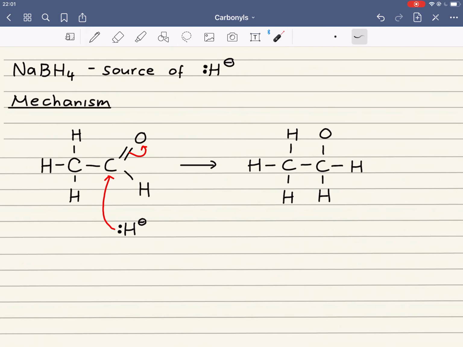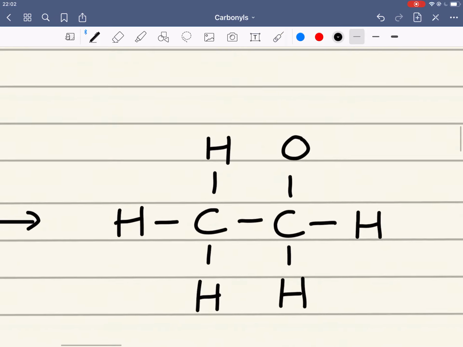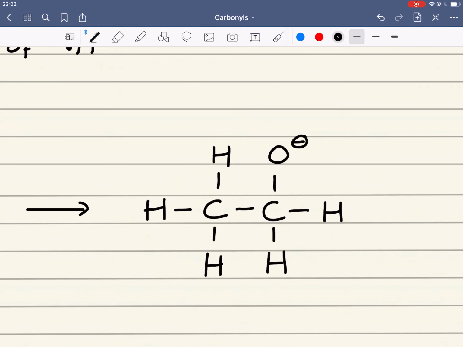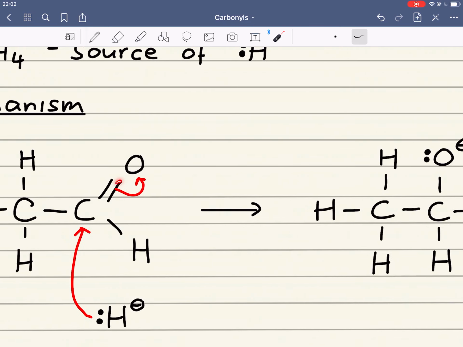So this hydrogen here is now this hydrogen here. The pair of electrons that were in this bond have now gone towards this oxygen. So now this oxygen has got a negative charge and a lone pair. So in effect, these 2 electrons here were the 2 electrons that were in this bond.